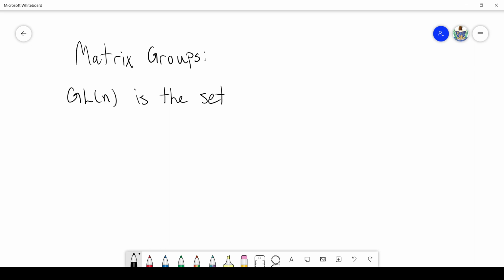It is wonderful, and I may come back and do a series on Lie groups, but that's not my main focus for this series. Anyway, so GL of N is the set of n by n real matrices with non-zero determinant.